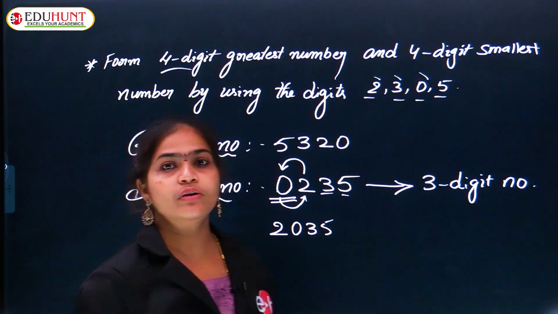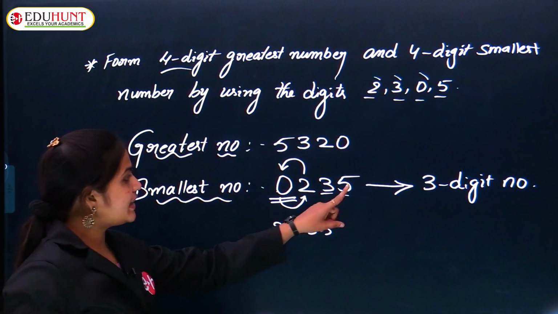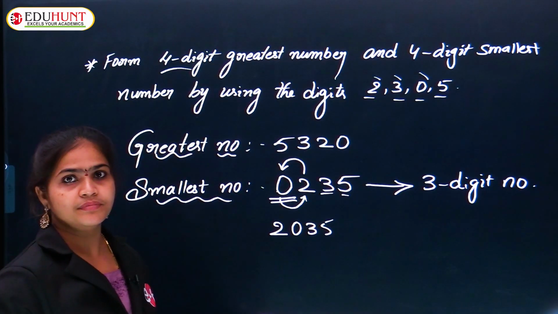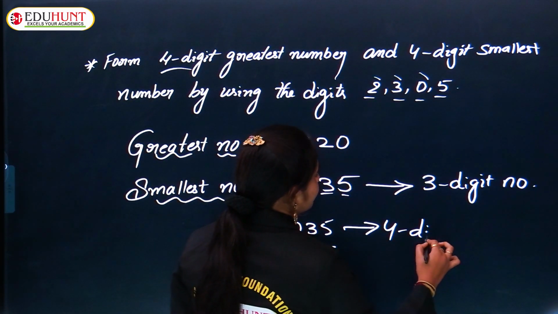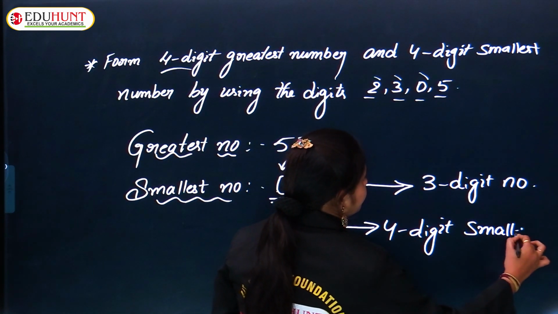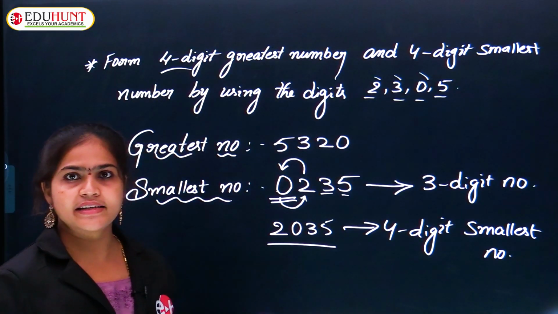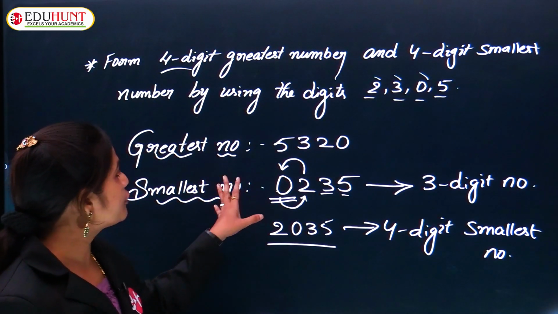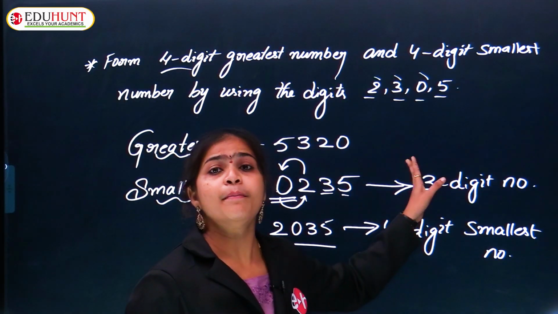Always keep 0 in the second place while writing a 4-digit number. Understand ma? Now this is the 4-digit smallest number by using the given digits.